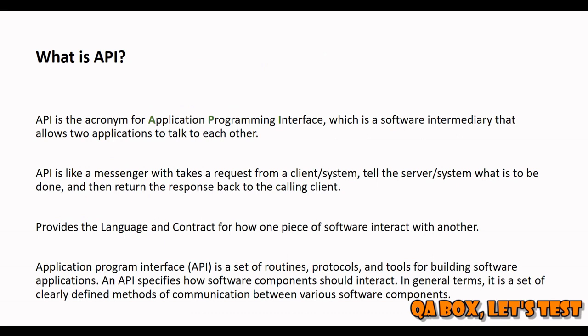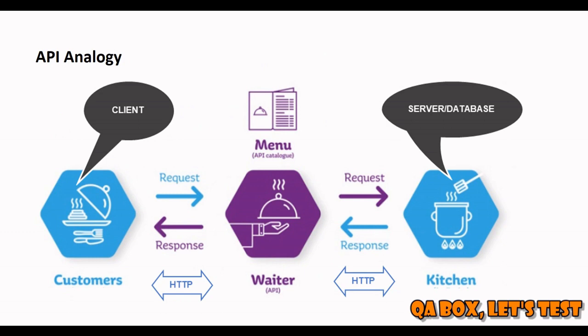Let's understand it by an analogy. You go to a restaurant as a customer, and you want to have some meals. You look at the menu, and there's a kitchen. On the right hand side is your kitchen, and you are the customer.